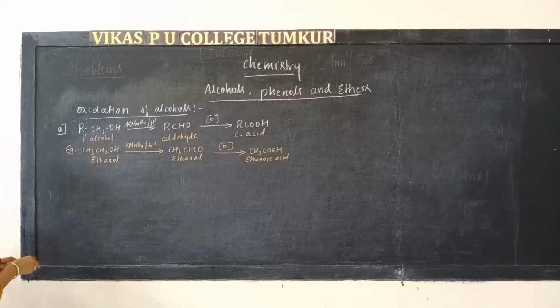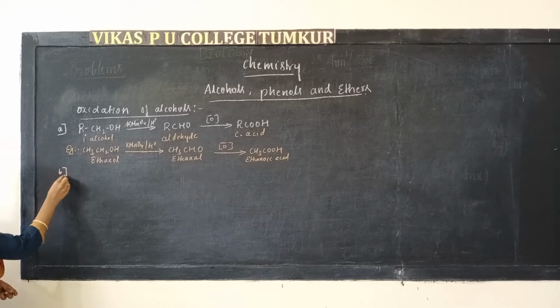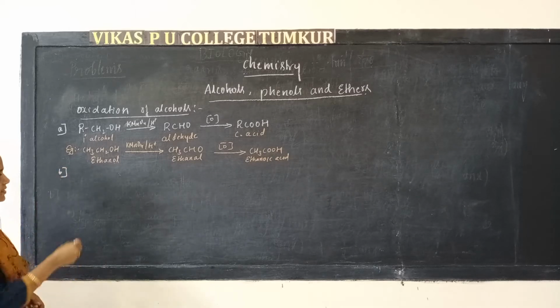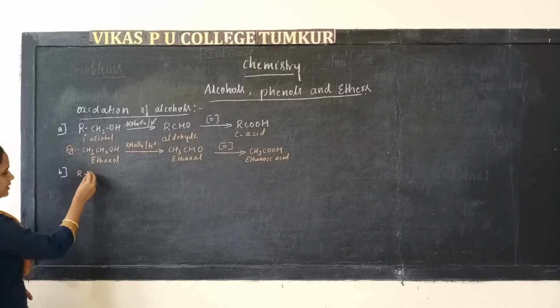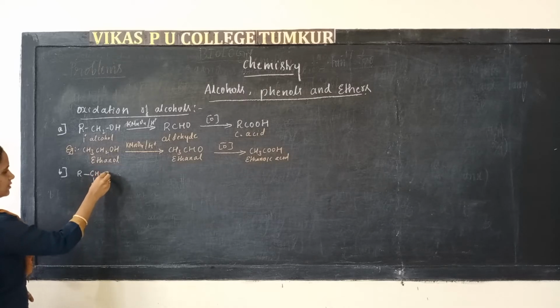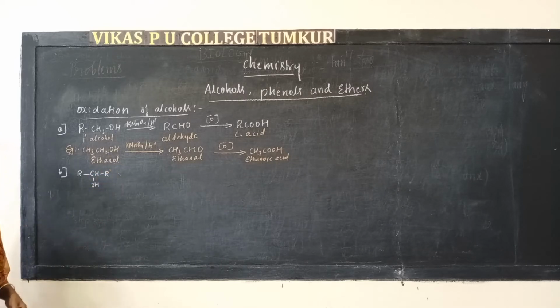Next comes the second one, the secondary alcohols. Secondary alcohols are generally represented as R-CH(OH)-R.